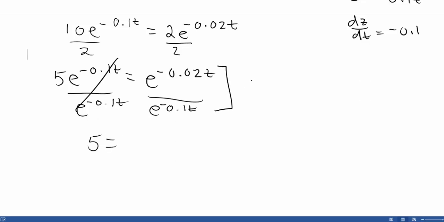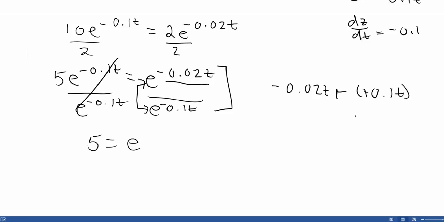Now, on the right, I need to use an algebra rule. If you have the ratio of two functions that have the same base, which I have here, then I can subtract their powers and write them with a single base. So the single base that I have in both is e, and I'm going to take the top power minus the bottom power. So negative 0.02t minus negative 0.1t.